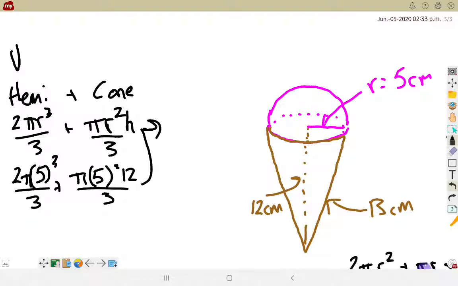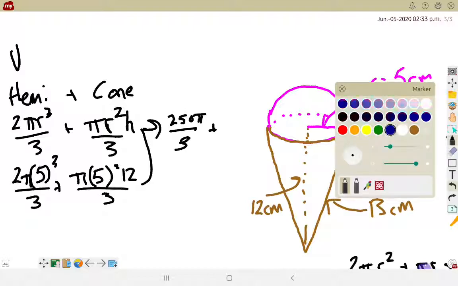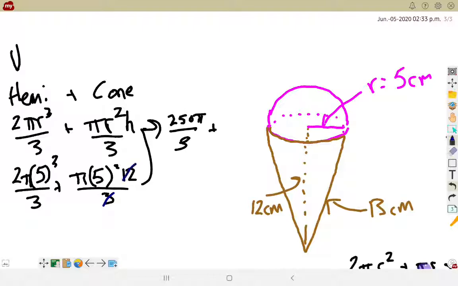Okay, so we'll bring this back up. 5 cubed is 125, times the 2 is going to give me 250 pi divided by 3. And then for the cone, 5 squared is 25, and 25 times, well, in this case, because the 3 and the 12 can reduce, I'm going to make that a 1 and a 4.